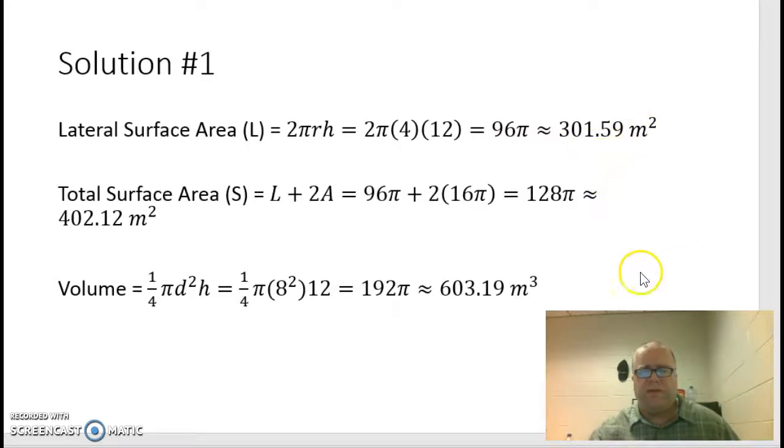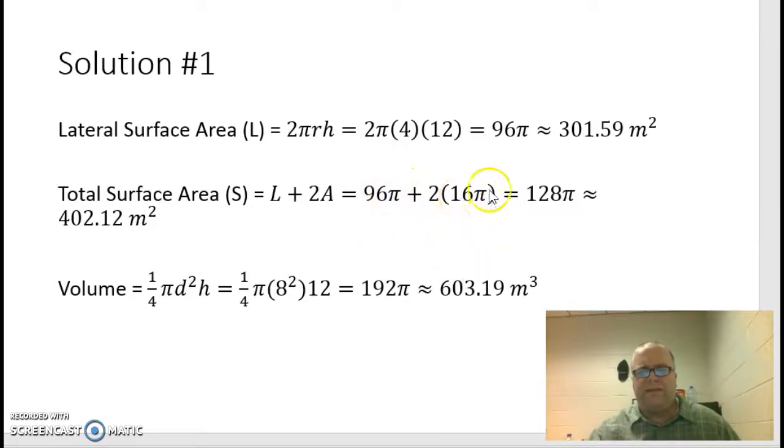301.59 meters squared. With the total surface area, we're just taking that lateral surface area, which is the surface area around the cylinder, and we're adding both the bottom area and the top area, which we can just write as 2A, which is 2 times the area of the base. So we already know that the lateral surface area is 96 pi.